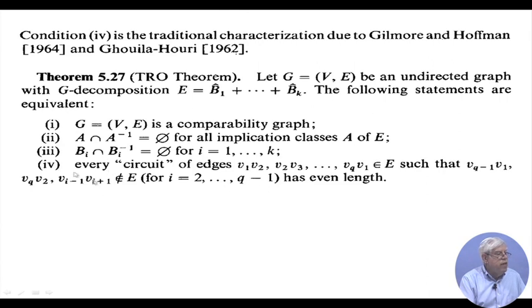Condition number 4 is actually the traditional first characterization of comparability graphs given by Gilmore and Hoffman and Ghouila-Houri.